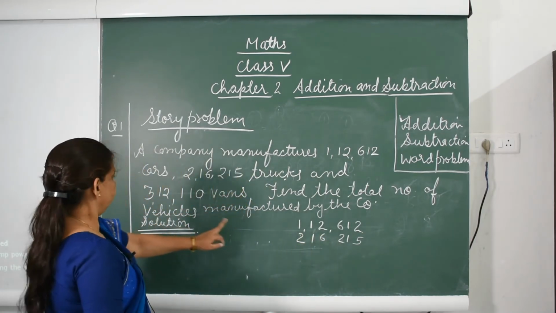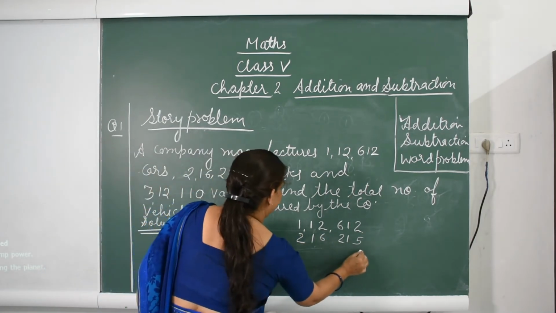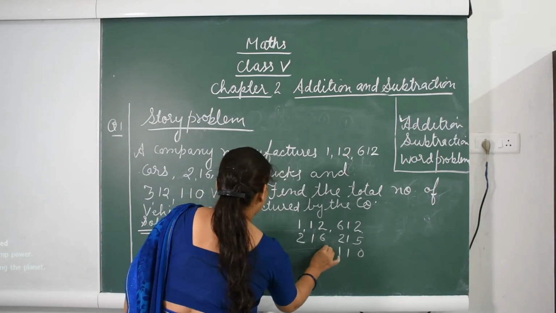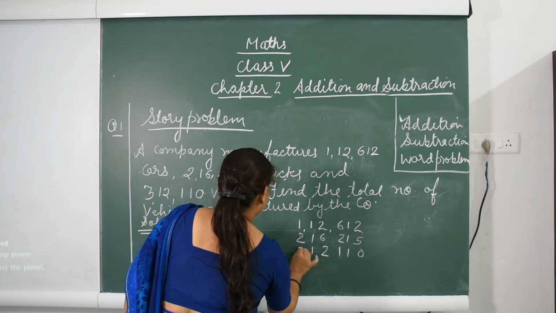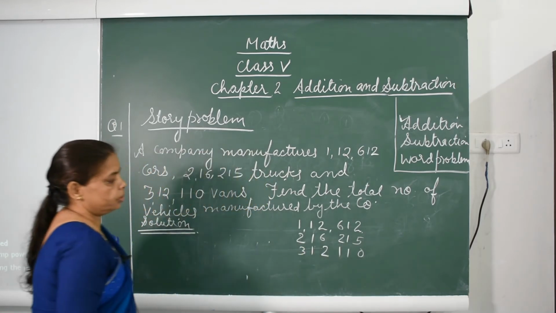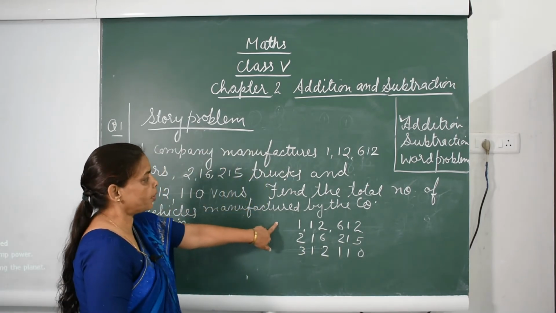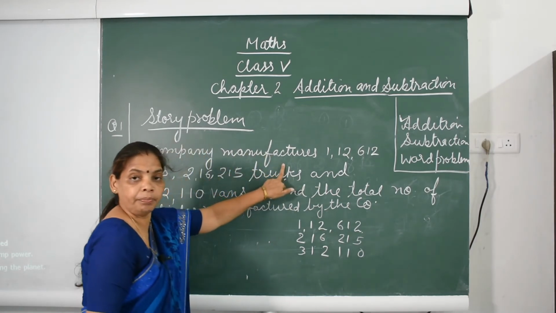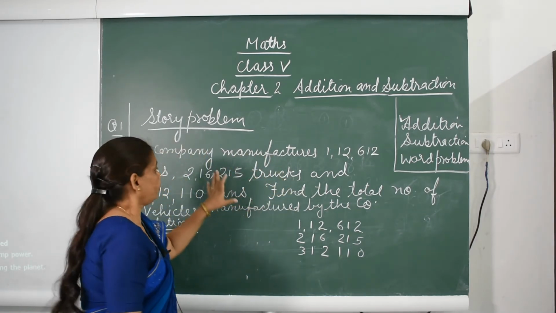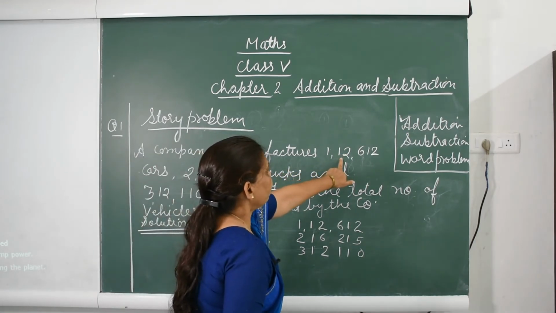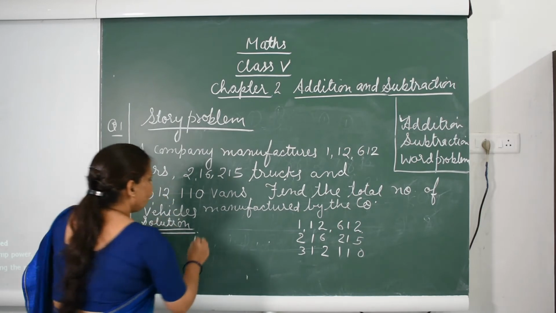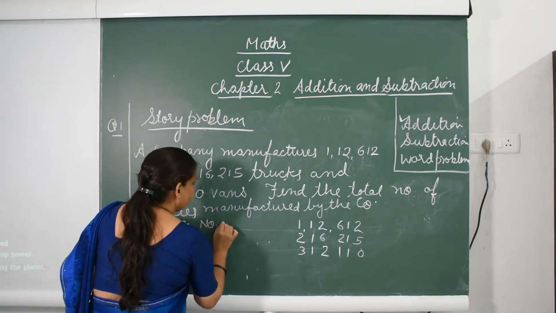And third, this number. So children, what is this number? ये नंबर किसका है? The company manufactured. कंपनी ने कितने मैन्युफैक्चर मतलब बनाया? 1,12,612 कार. ये नंबर ऑफ कार.